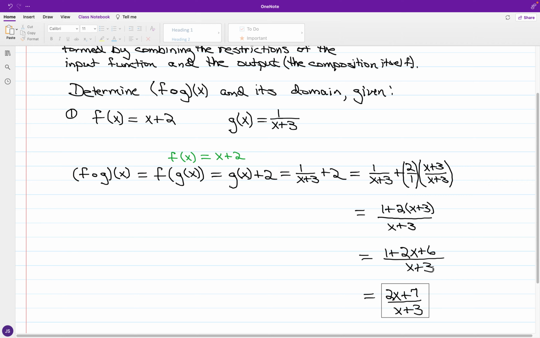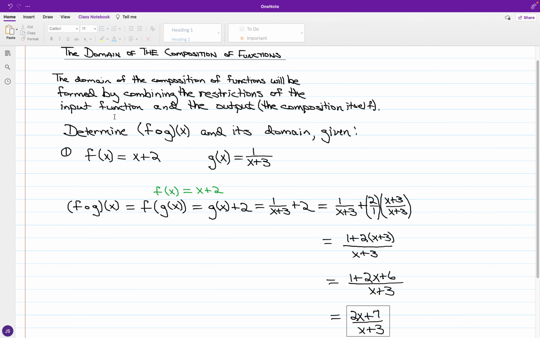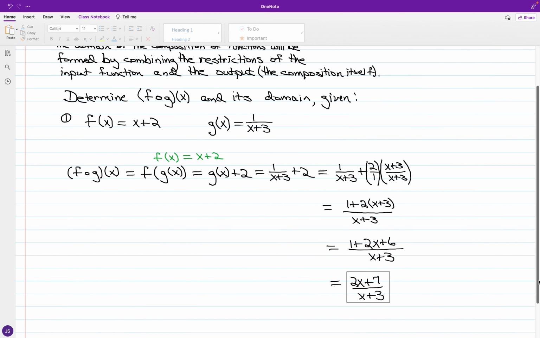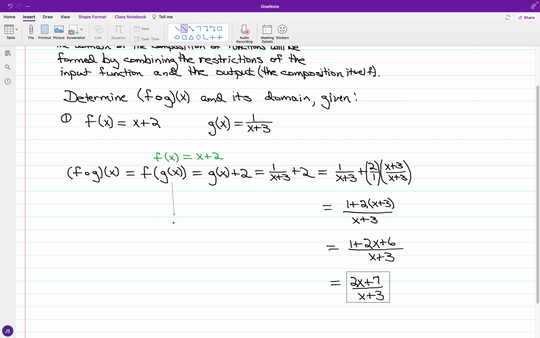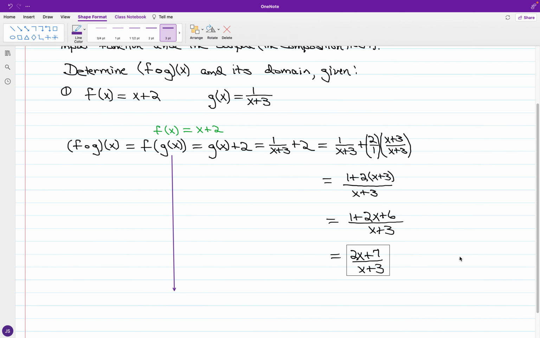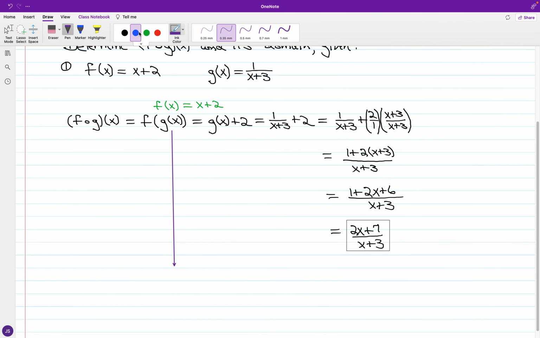Now for the domain, we're looking at combining the restrictions of the input function as well as the output itself. So we've got the output, the composition, 2x plus 7 all over x plus 3. Now we've got the input, g of x, equal to 1 over x plus 3.